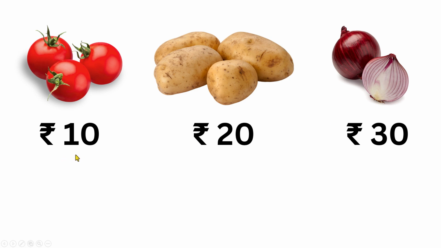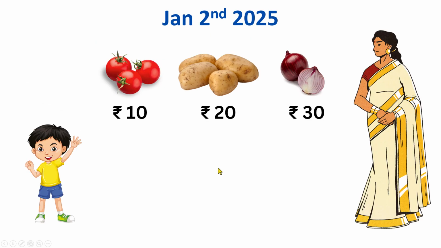Tomatoes cost 10 rupees per kg, potatoes cost 20 rupees per kg, and onions cost 30 rupees per kg. Now, you go back to your mother and your mother asks you, what is the price of the vegetables that you bought today?